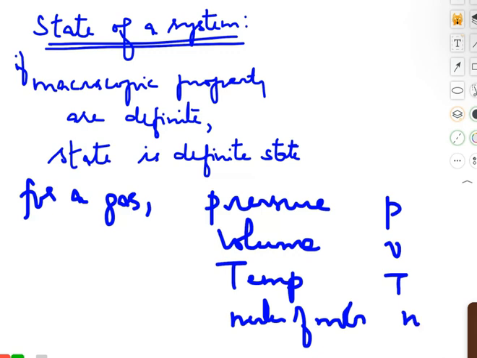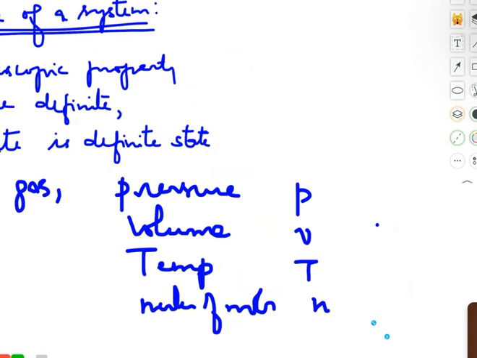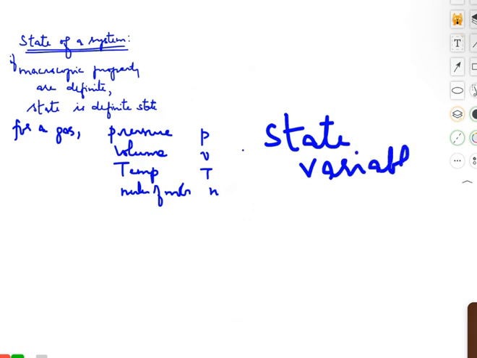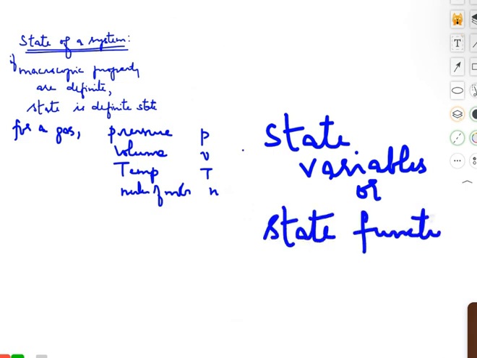All of these can change between the initial value and the final value; they may not be the same. So these variables can be called state variables or state functions.